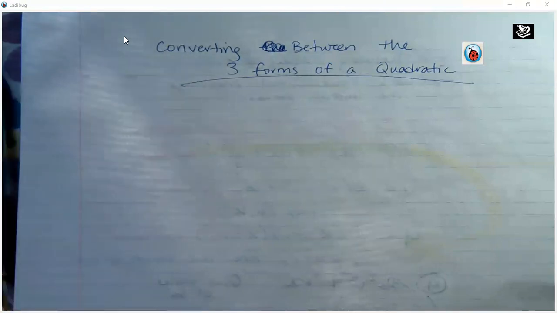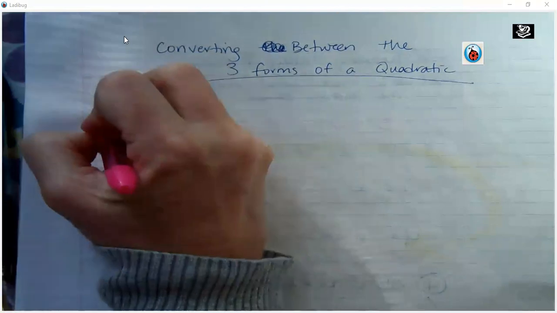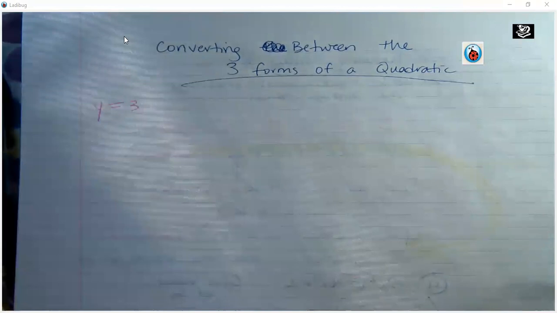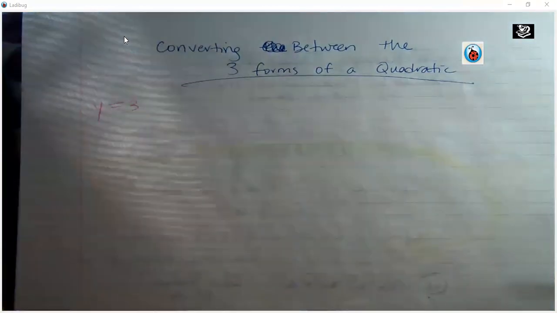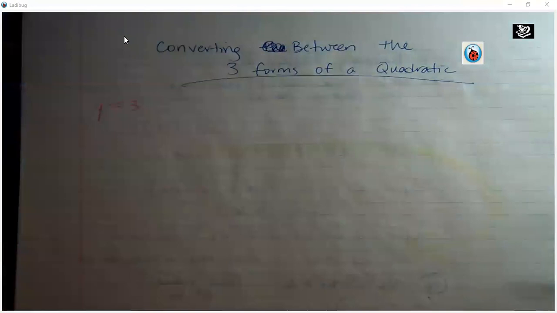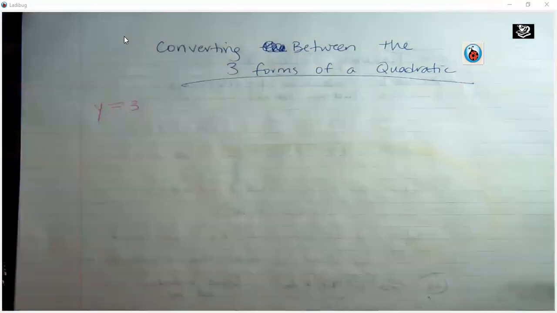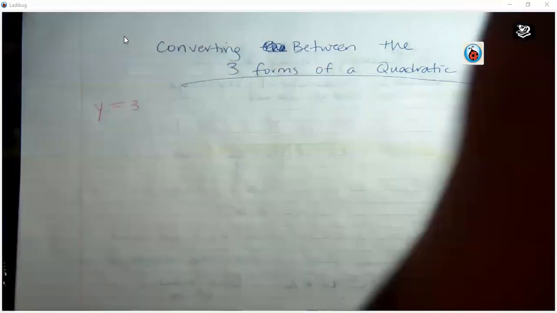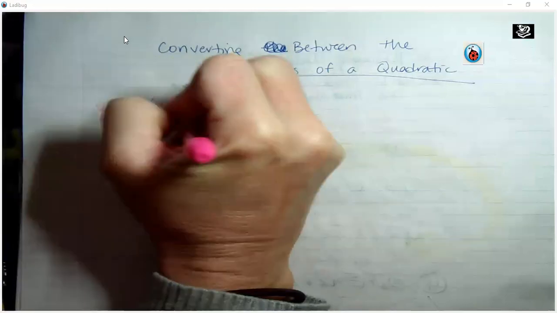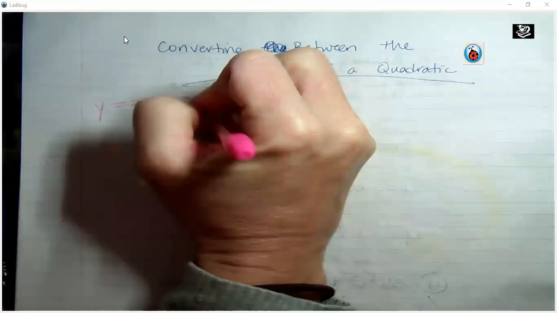So let's first start with y equals 3, parentheses, x plus 2, x plus 4.